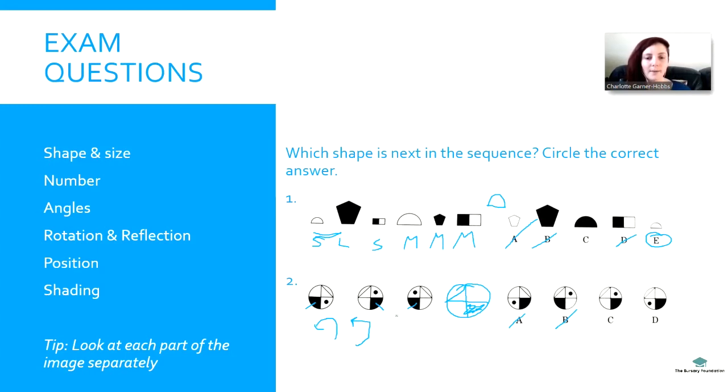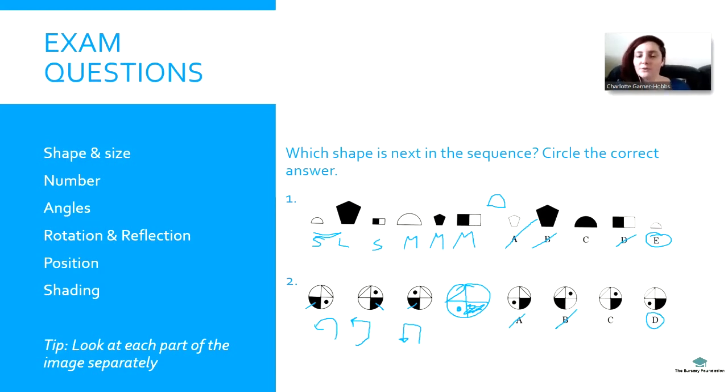So that means if I'm going anti-clockwise, the circle must next end up in 1, 2, 3, 4, the bottom left here, which is this segment of my circle. Looking at C and D, D is the only one of those shapes that actually follows this rule, so that must be the correct answer.